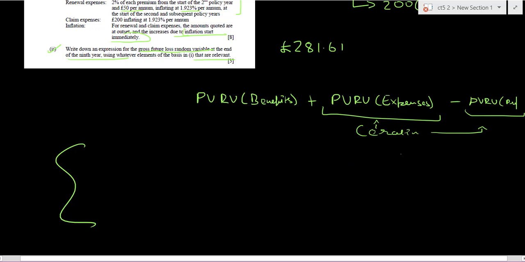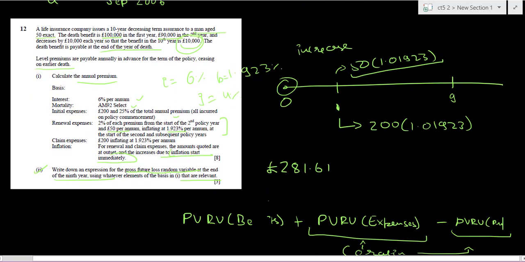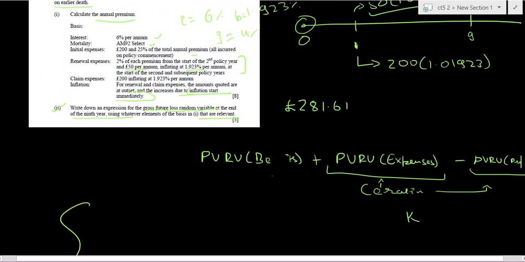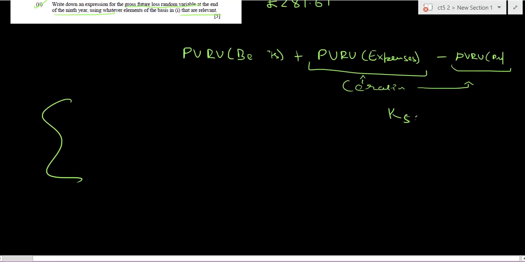If he dies, then your K, what was his age? His age at the beginning was 50 years. So at the end of the ninth year, his age would be 59. So there can be two cases. Either he dies or he doesn't die. If he doesn't die, then K59 would not be equal to 0, right?